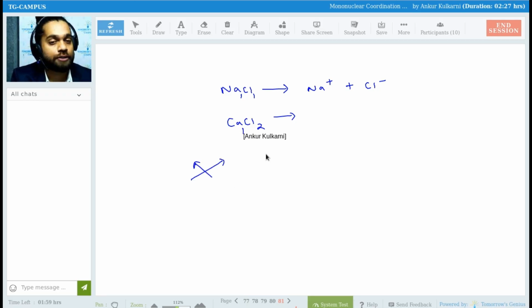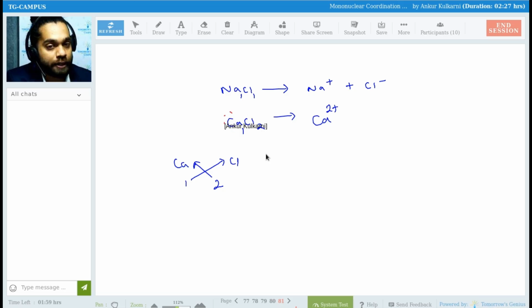Your Ca is 1, Cl is 2. Whatever it is, it will get exchanged. So 2 will go on top of Ca, so it is Ca2 plus, and always, Anthony, we write down the positive atom first. On the Ca we get the 2 plus, on the Cl we get the 1 minus.